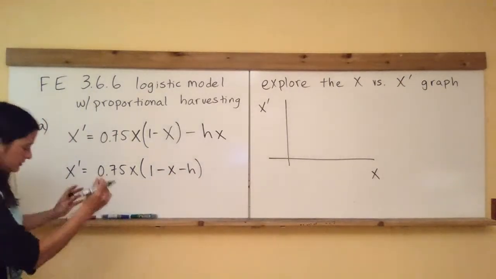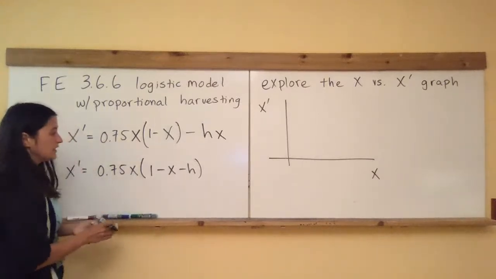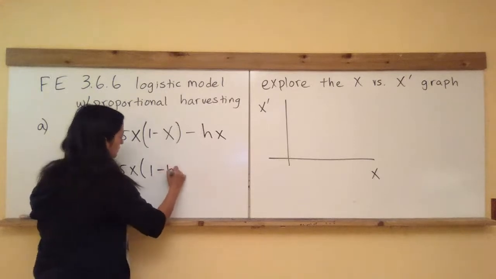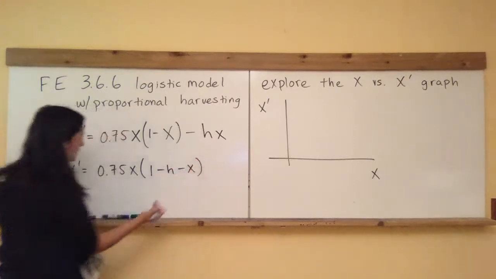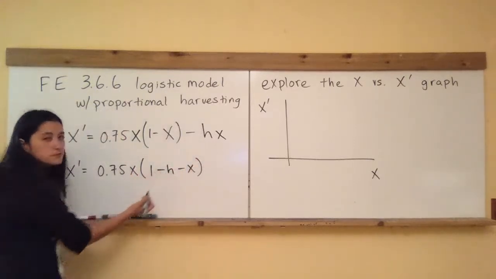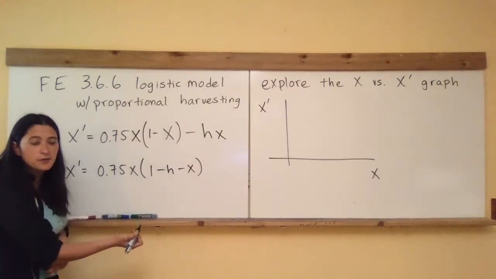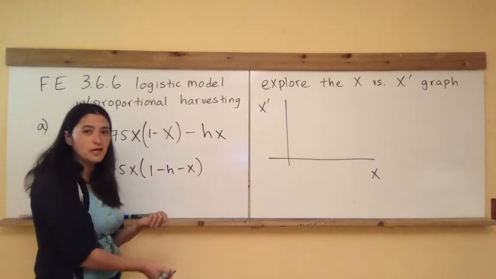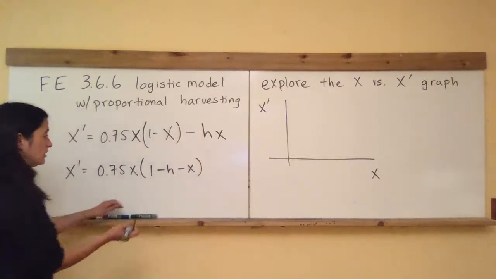Okay, and instead of writing 1 minus x minus h, I'm going to rearrange the terms here to be 1 minus h minus x. And that's because now I can see its roots, right? I can't graph a parabola unless I really have an idea for whether it's up-facing or down-facing and where the roots of it are, okay?